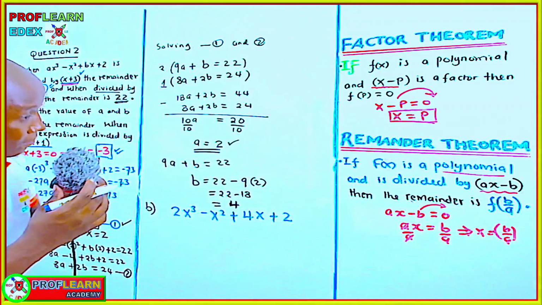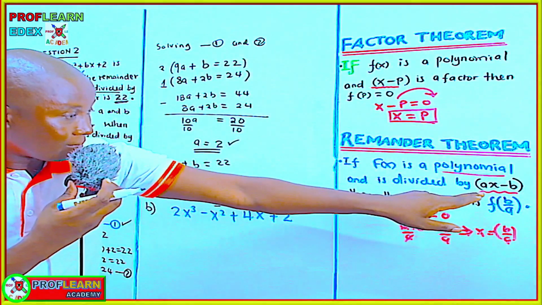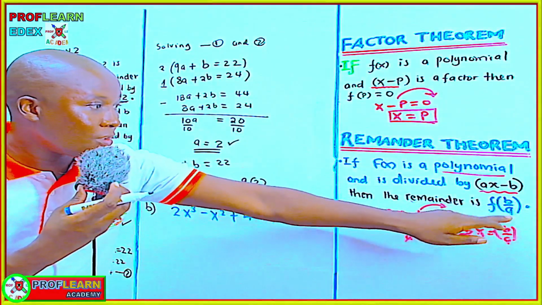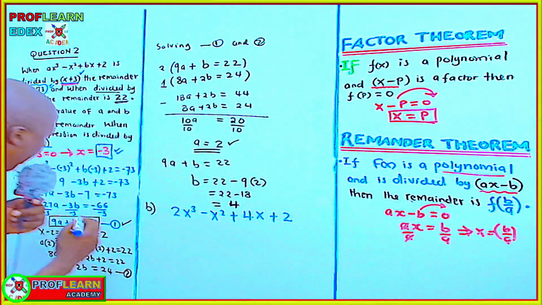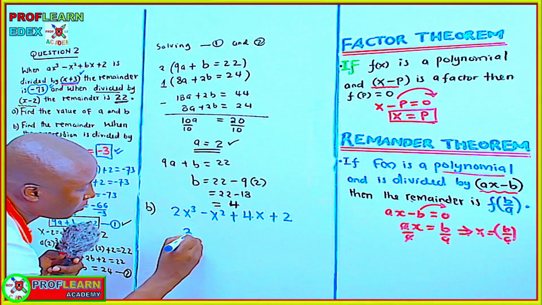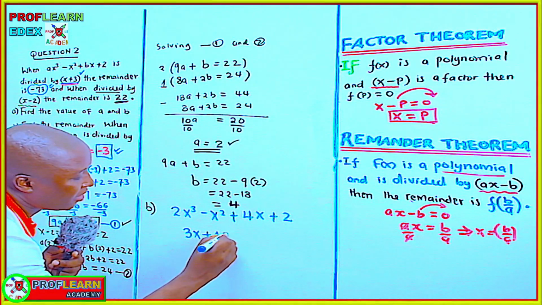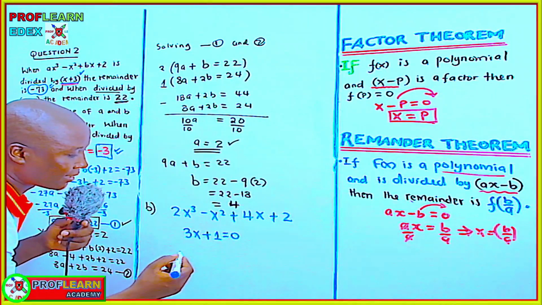From the remainder theorem, if you divide a polynomial by an expression, then the remainder is f of negative b over a. How are we going to get our negative b over a in that case? We are going to take the expression we're being told, and say 3x plus 1 is equal to 0. We equate it to 0, and then we make x the subject.